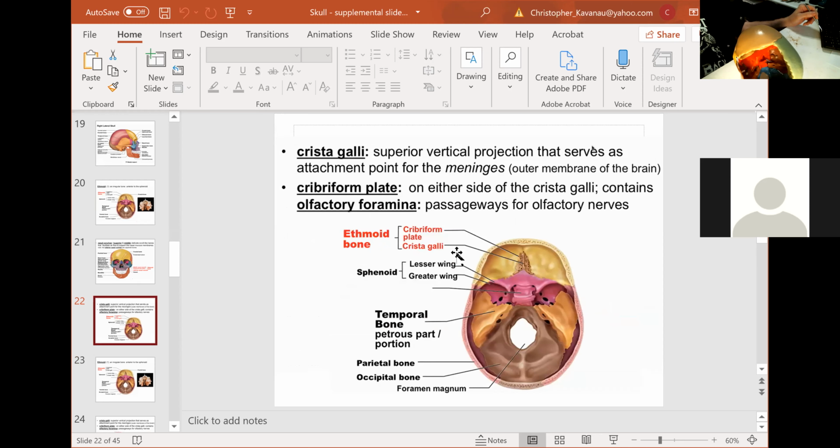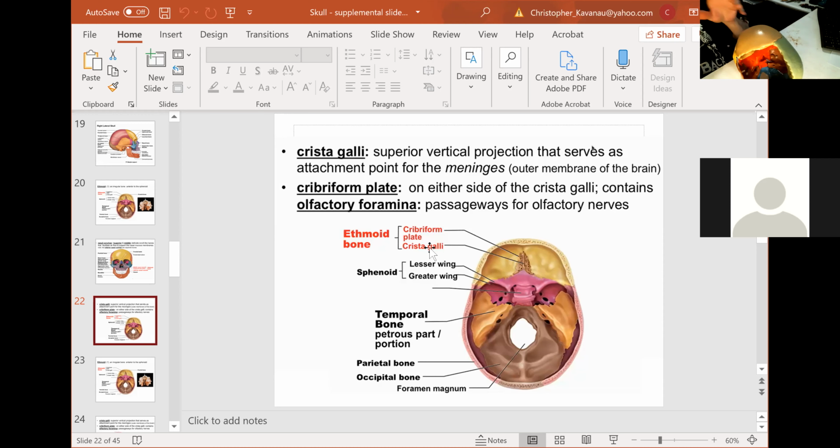Crista galli literally means coxcomb. It's a structure where a leathery bag wraps around the brain. It's called the meninges, specifically the dura mater of the meninges. Dura means tough, like durable. Mater means mother, so it means tough mother. The reason they call it tough mother is because it's like leather. It's really tough.